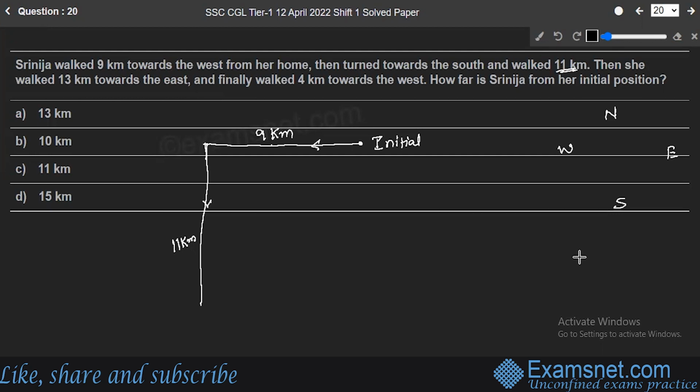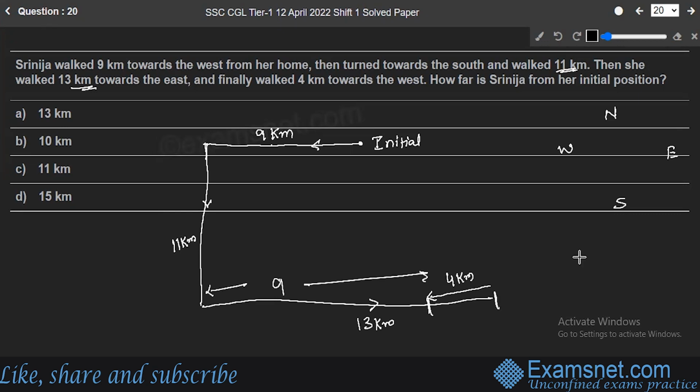Correct. Now, then she walked 13 kilometers towards east, and finally 4 kilometers towards the west. So she traveled back 4 kilometers, and this much distance is 4 kilometers. This will be 9 kilometers, of course.